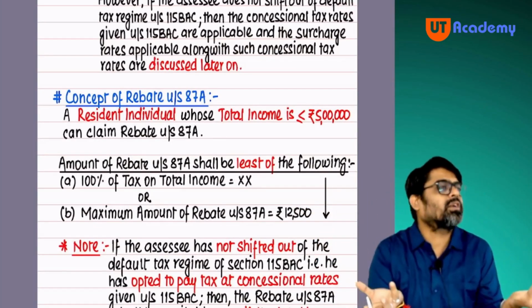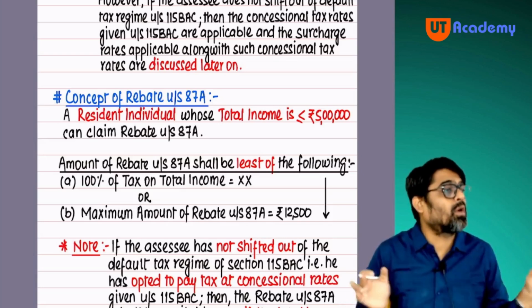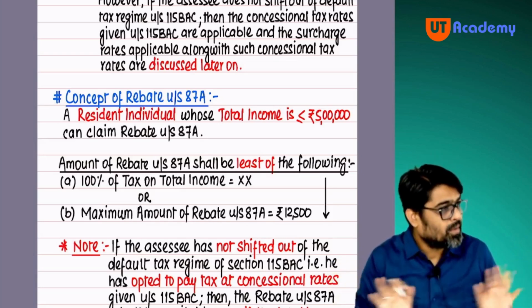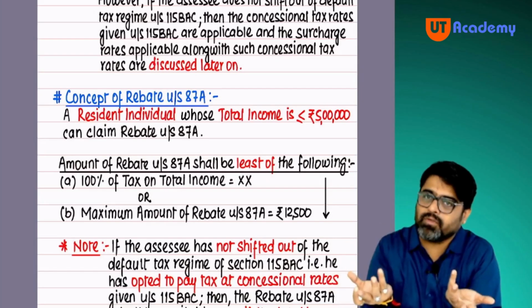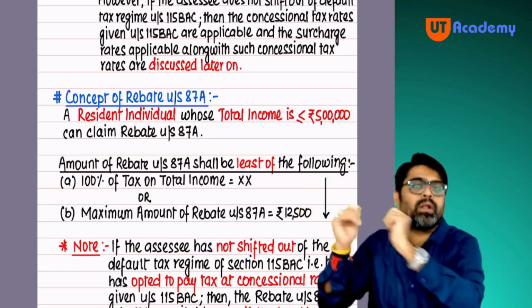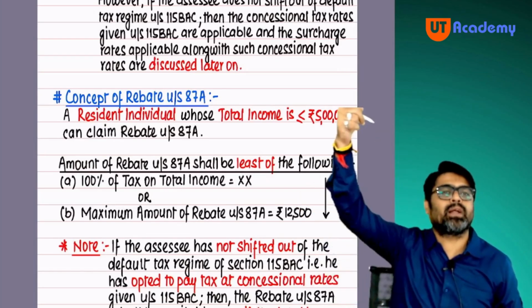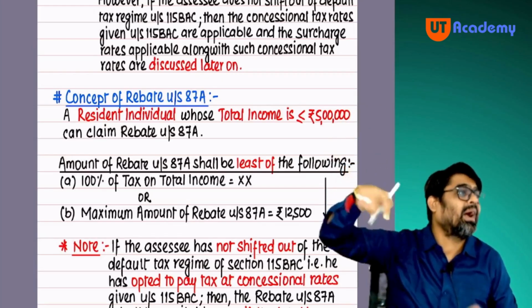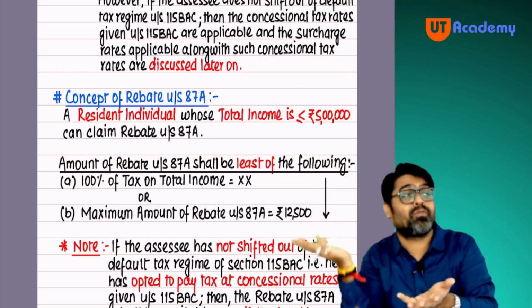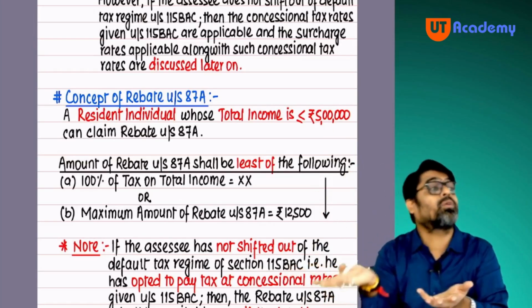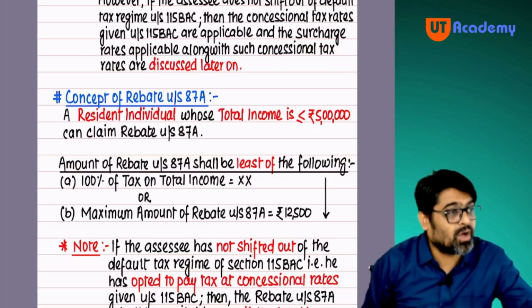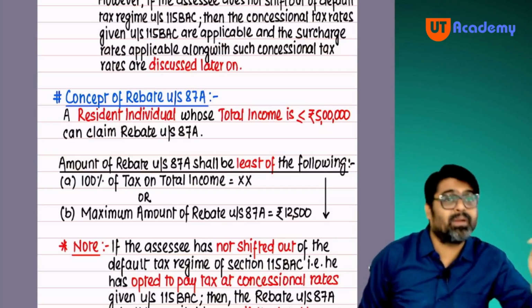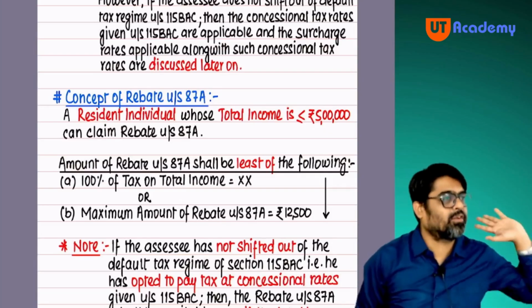We are discussing as if we are not following 115BAC. If you are shifting out of the default tax scheme, can we claim the deductions and exemptions while calculating the total income? And on that total income, will we apply default tax rates or normal tax rates? Normal tax rates. Surcharge will be there and rebate will be this much.